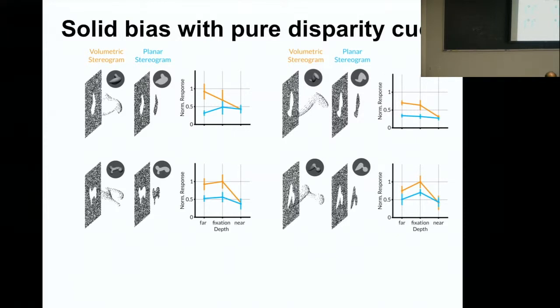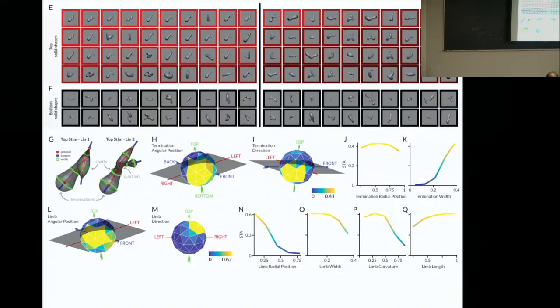It's actually pretty compelling. So this is really the case where it's hard to argue that the tuning of these cells doesn't represent something to do with volumetric solid shape, because there's really no image level explanation for this.